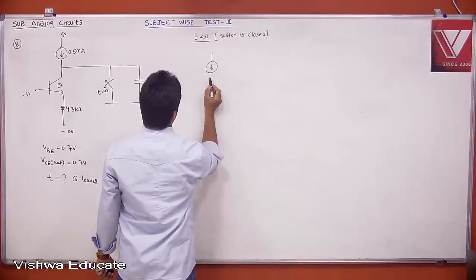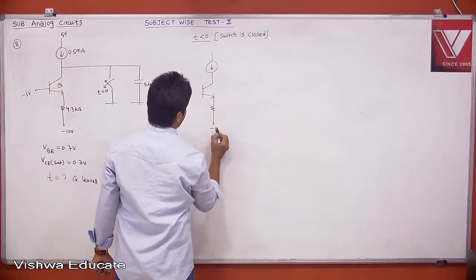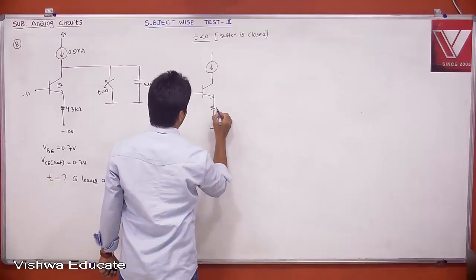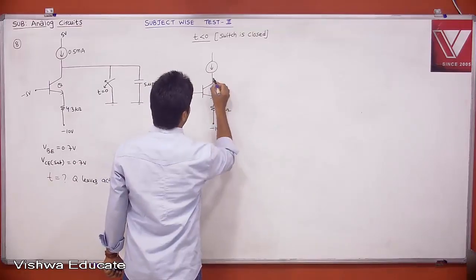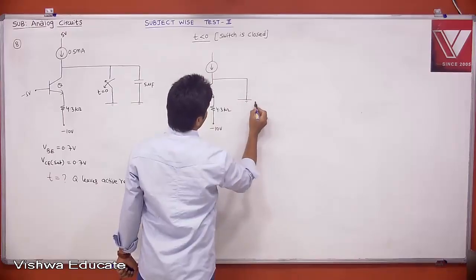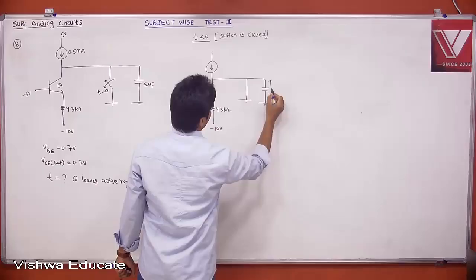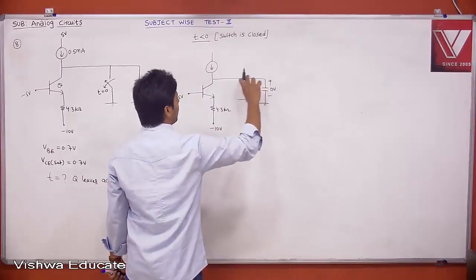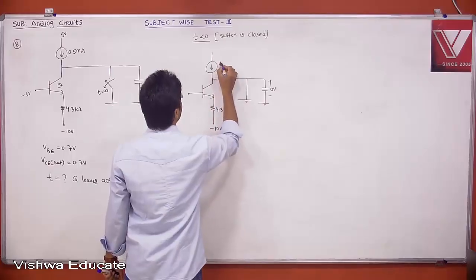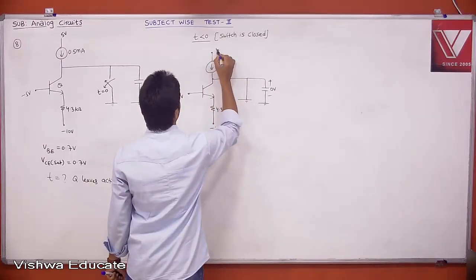T less than 0. Therefore, this is your transistor, minus 10, minus 5 and this is 4.3K. Now, this is connected to ground. Then even though you have capacitor, it doesn't matter. Now what is the voltage across the capacitor? 0, because capacitor in parallel to a short circuit, 0 only. Okay, that's fine. Therefore, this is also 0. This is 0.5 milliampere and this is your 5 volt.